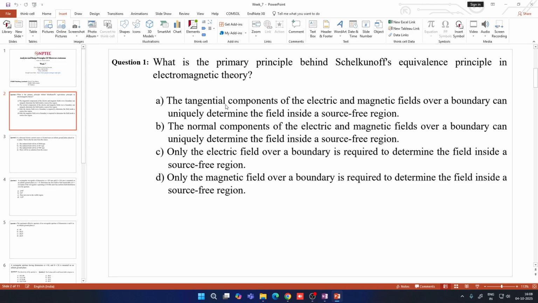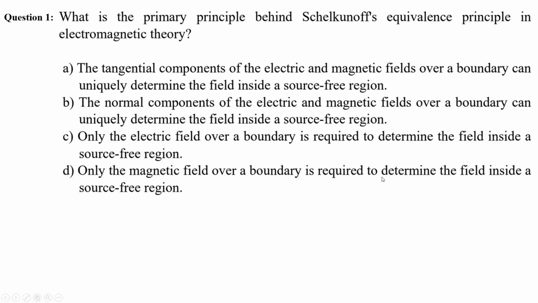Option A is the tangential components of the electric and magnetic field over a boundary can uniquely determine the field inside the source free region. This is correct. That's what the principle uses, the concept that fields can be represented equivalently by suitable electric and magnetic current densities on an enclosing surface.